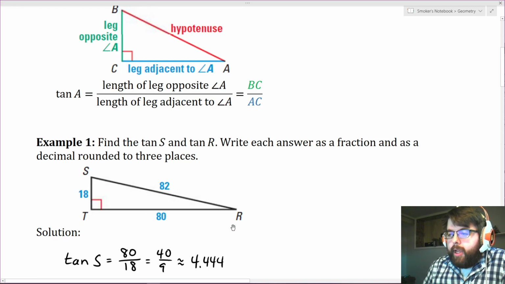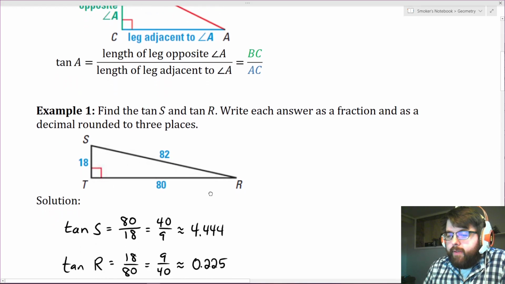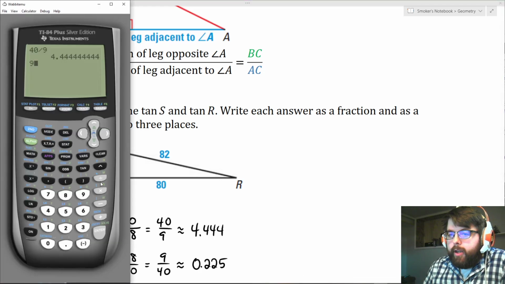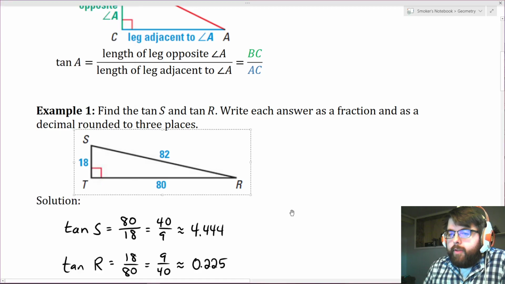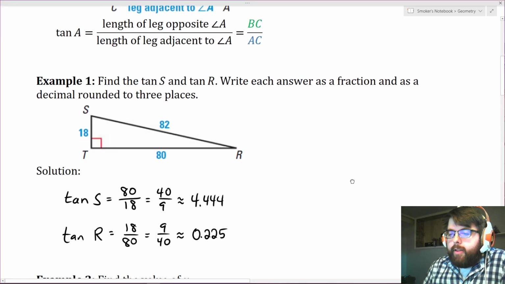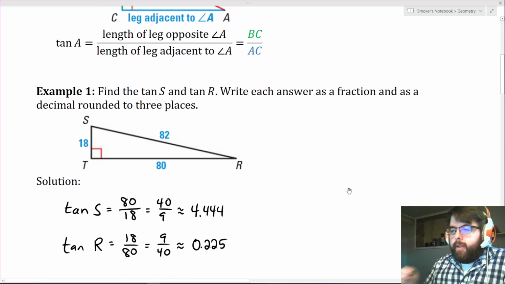Whichever angle is your focus changes everything. So opposite, 18 over 80, tangent of R. 18 over 80 simplifies to 9 over 40. Put it in your calculator, 9 divided by 40, and you'll see you get 0.225. And that's what they're asking for.